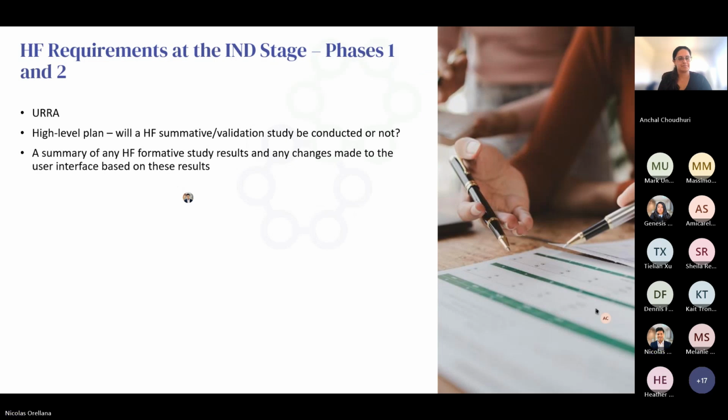Sure. So yeah, for phases 1 and 2, you'll want to have your URRA included within the IND submission and outline your high-level human factors plan, whether or not you plan to do a study or not.